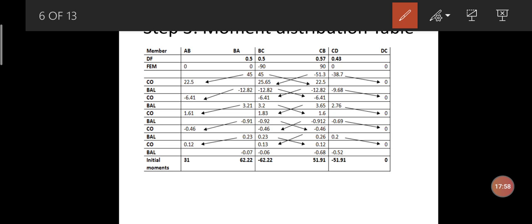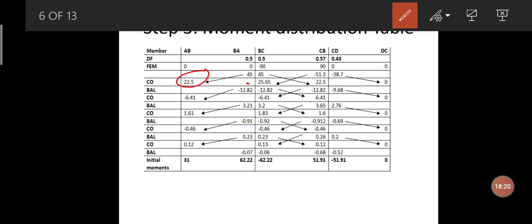So next step is I need to carry over the moments which are distributed at the joint members. So therefore I need to carry the moment from BA to AB with the same sign convention. So half the moment I should carry. So 45 divided by 2 is equal to 22.5 here.